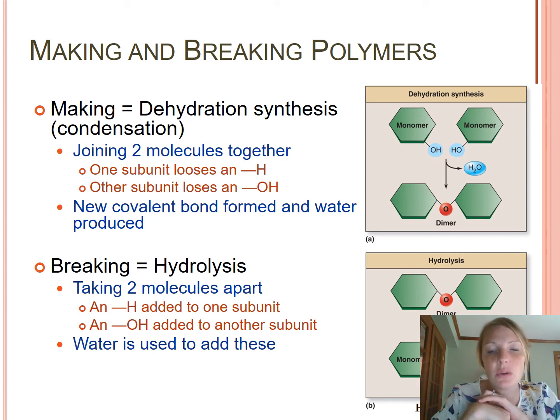Using water to break apart a bond is called hydrolysis: lysis means to break and hydro is water. So hydrolysis is to use water to break apart bonds. Then maybe a polymer will be broken back down into its monomers, for example, or other bonds can then be formed.